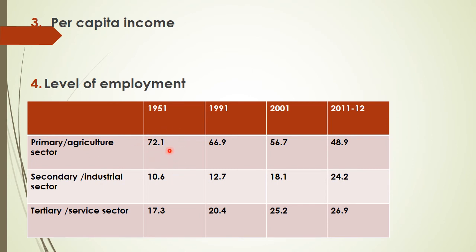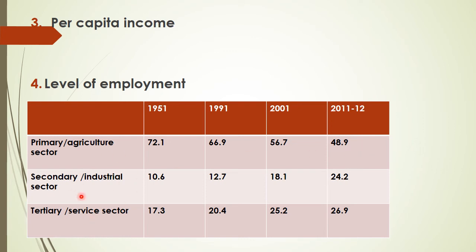Now if we compare the data from the year 1951 to the year 2011-12, the maximum employment was in the primary sector in 1951, which gradually declined in the next years, and in 2011-12 it was 48.9.